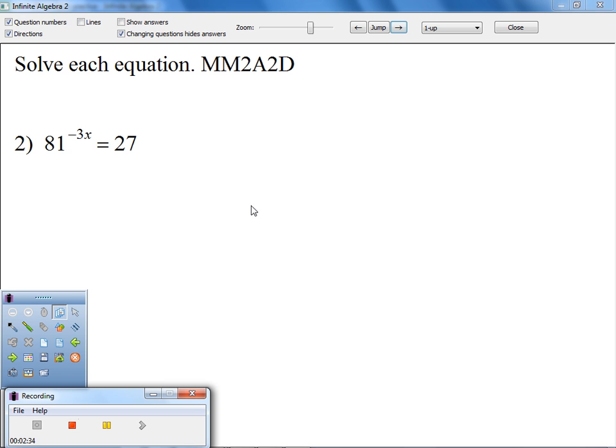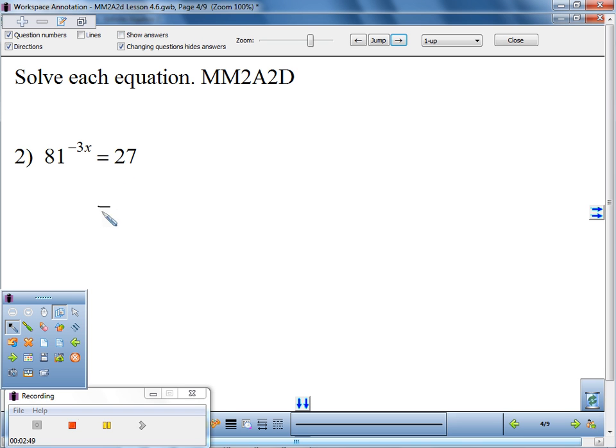Now let's look at this example. Here 81 and 27 are not the same base, but we can write them in terms of each other. 27 is a power of 3: 3 times 3 is 9, times 3 is 27, so 3 to the third power is 27. So I can write 27 as 3 cubed, and we bring down the negative 3x.